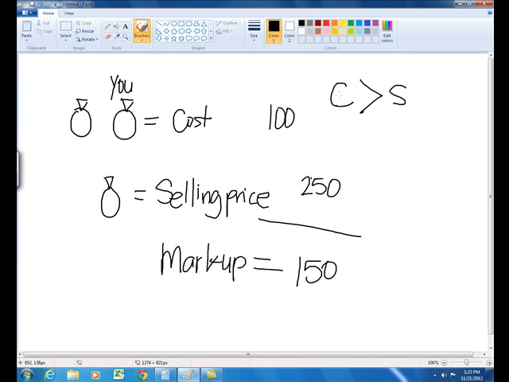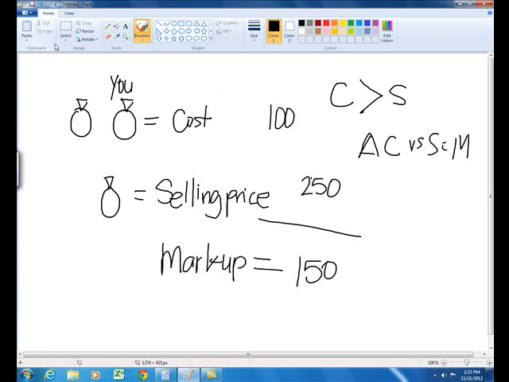The difference in the cost and the selling price is the amount that you earn, your profit, and that's known as your markup amount.